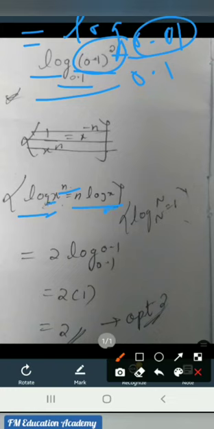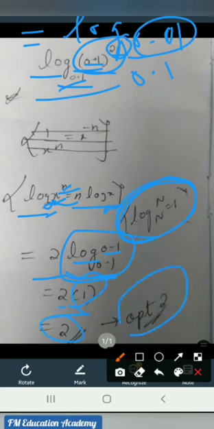Okay, so if you compare, what is x? 0.1. What is n? n is 2, and what is a? The base a is 0.1. So n log x to the base a, and we know this is the form of log n to the base n. Log n to the base n is 1, so in place of this substitute 1. 2 ones are 2, so our answer is 2, that is option 2.